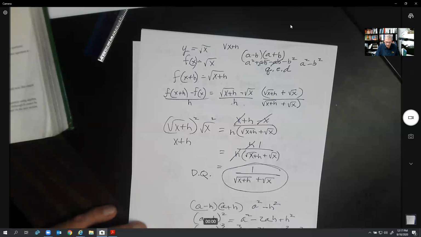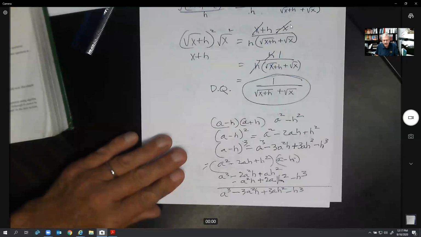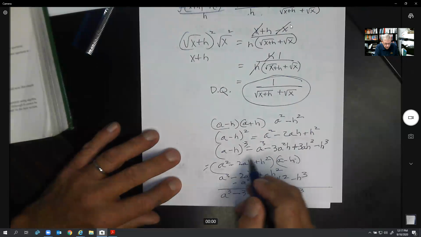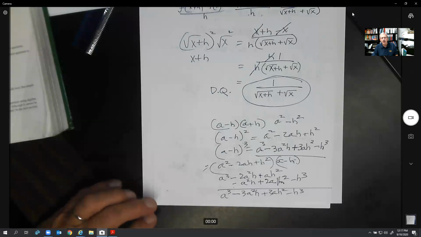I should have finished this problem. Okay, there we got it. Oh, you couldn't even see it. Well, I'm sorry about that. But anyhow, the signs do alternate, so you want to be careful. You're going to have loads of fun doing all this algebra. And then next time, we're even going to have more fun.